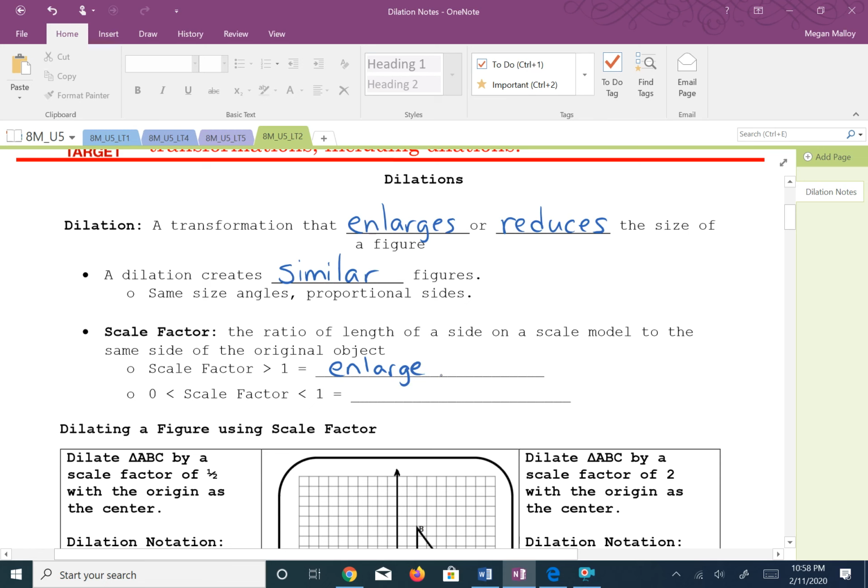We would consider that an enlargement. If we have a scale factor that is less than 1 but greater than 0, so a fraction, that is going to reduce your pre-image or create a reduction.